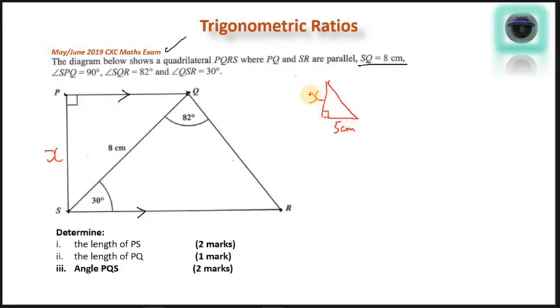In order for us to find this side, we need the length of this side. So to use Pythagorean theorem in a right angle triangle, you need to have two sides to find the third. If you look at what we have here, this is a right angle triangle, triangle PQS. We only have one side, so we cannot use Pythagoras theorem.